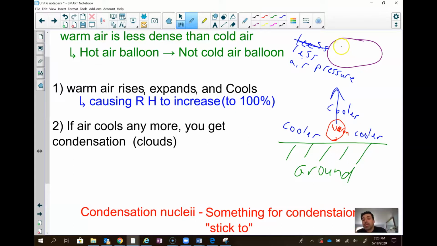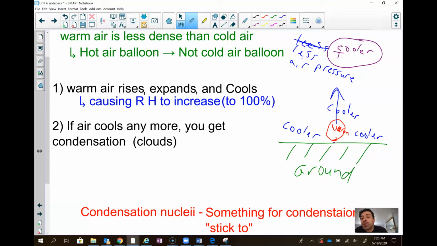Here it's cooled off, and it expanded. It cools because it expands: the same amount of heat that used to fill up this tiny little space now fills up that huge space, so there's less heat per volume, and the temperature drops.